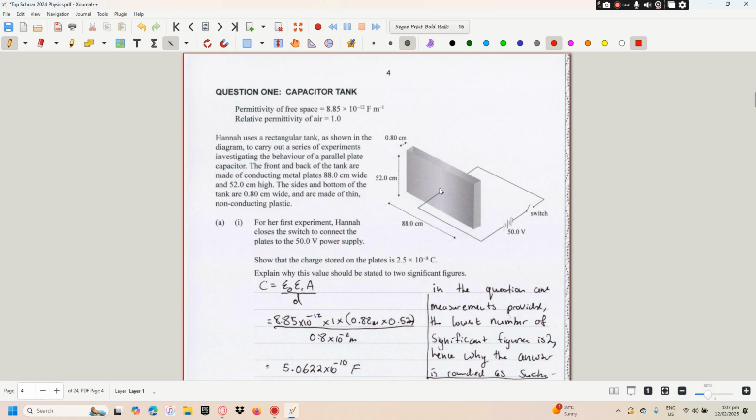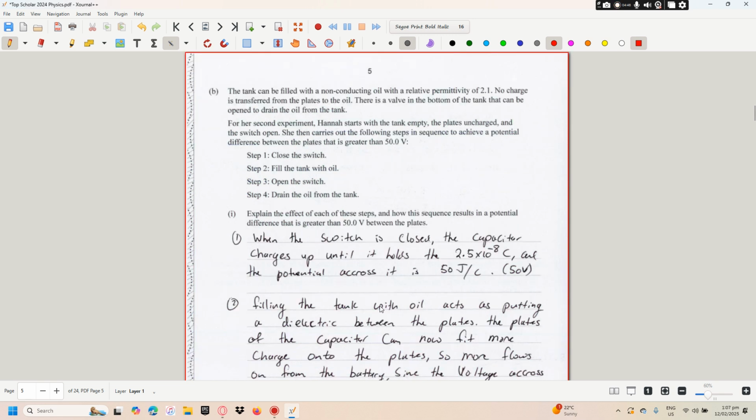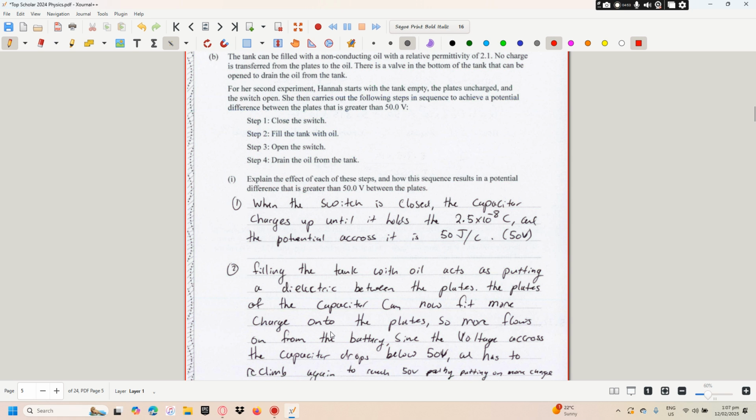because it has to directly oppose the battery, if you remember Kirchhoff's law. Step 2, fill the tank with oil. Right, so filling the tank with oil is putting a dielectric between the plates. And so more charge can now fit onto the plates. This is a little bit hard to explain or understand, but essentially the net electric field gets weakened because the oil creates an electric field that opposes it.